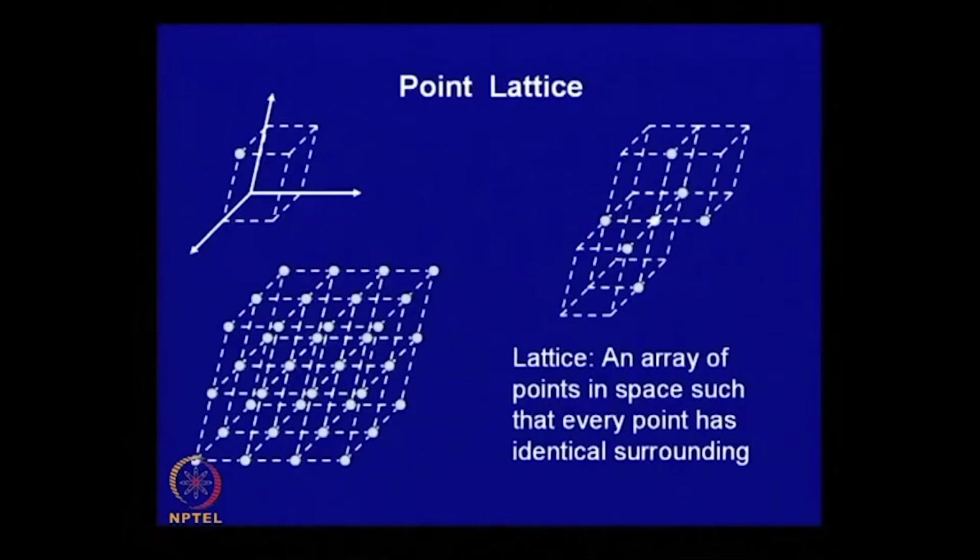Now, we visualize the array in such a way that each of these points has an identical surrounding, and this array of points in space is known as a lattice. Now, let us try and look at how this point lattice looks like.